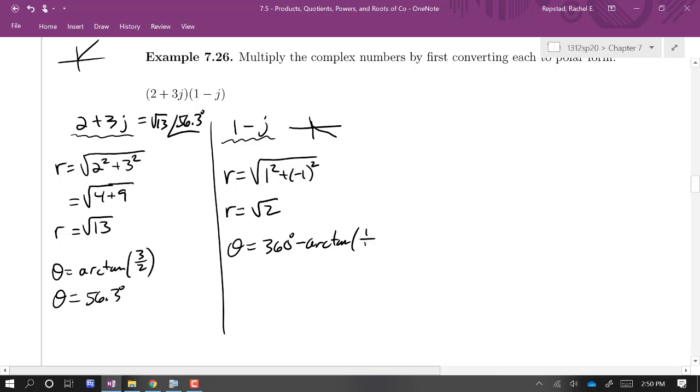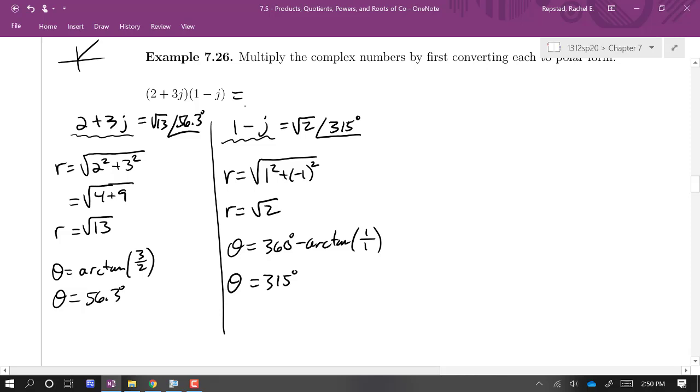So just arctan of 1. Arctan of 1 is 45 degrees, so that'll be 315 degrees here. And that means that 1 minus j is equal to root 2 at 315 degrees.